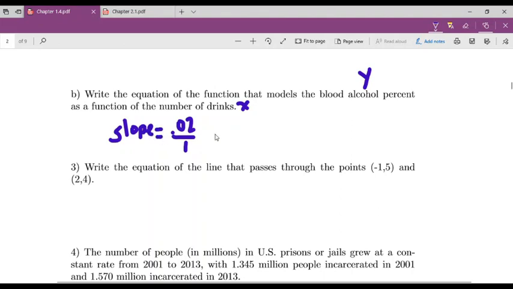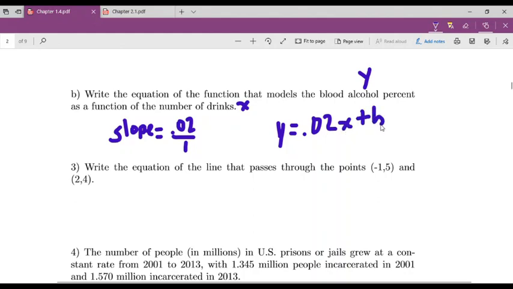Alright, now if we want to write it as a function, then y equals your slope, which I'm simply going to write as 0.02 because that's what it reduces to. Okay, now if you started out this way, because you want to write y as a function of the number of drinks, you're going more towards slope intercept, which is fine. You're going to have an x here, and then a plus b here, right?